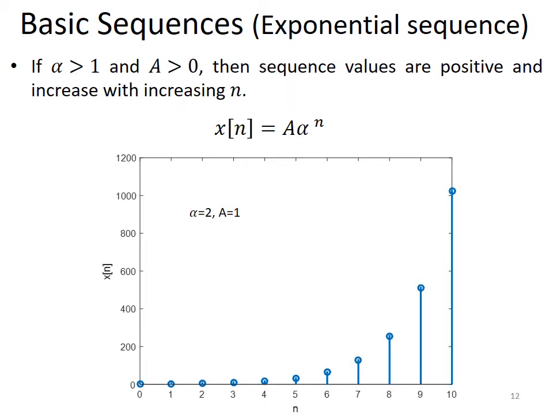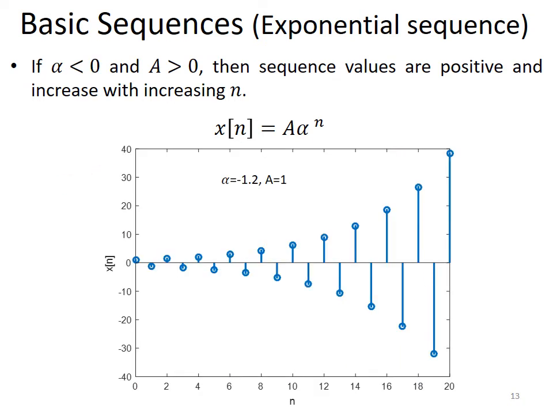Similarly, when alpha is greater than 1, it is increasing exponential. When alpha is assumed equal to 2 and a is equal to 1, you can see that the sequence samples are increasing in amplitude with respect to n. And when alpha is less than 0, we will have alternate polarity samples.